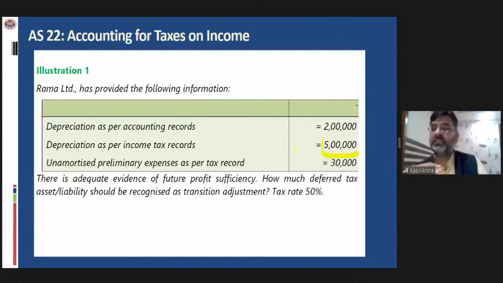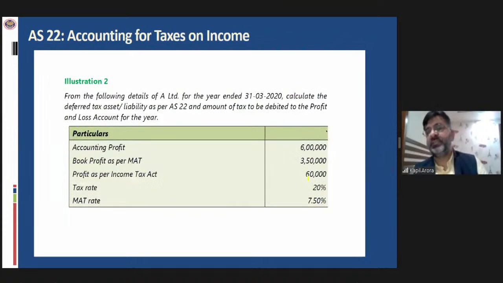It reflects that I have to pay taxes in the future. It means the difference of 3 lakh into 50%, 1,50,000, would be treated as deferred tax liability. Is that okay with all? Right. Okay. Now, next question.